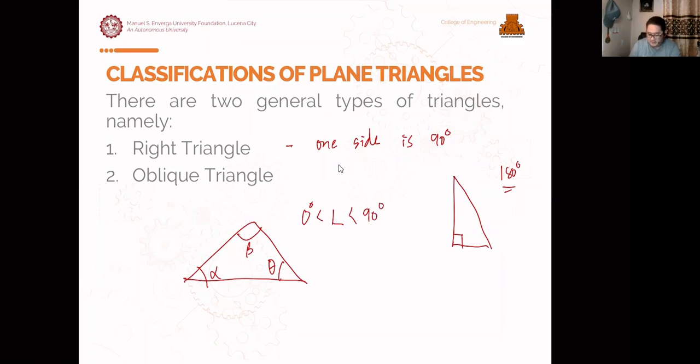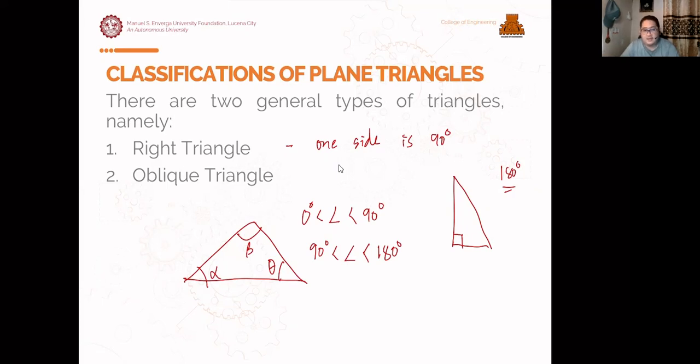Okay? And then dapat yung angle natin is also between 90 to 180 degrees. Okay? So, yun, pagtawag natin ng oblique triangle.